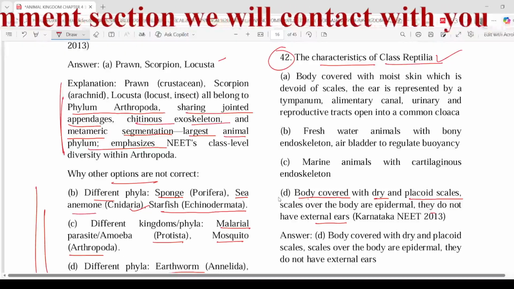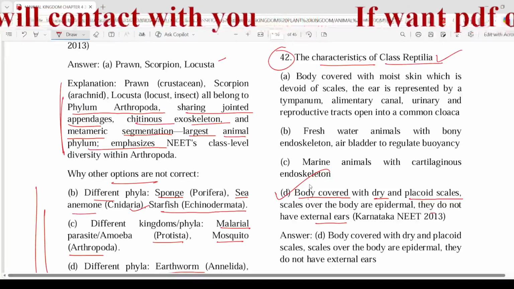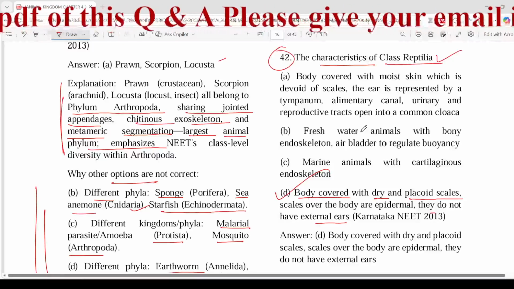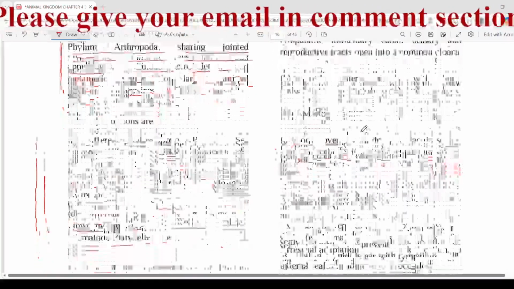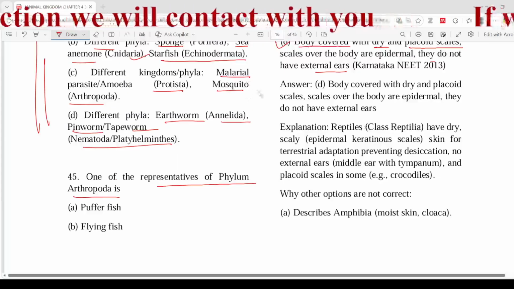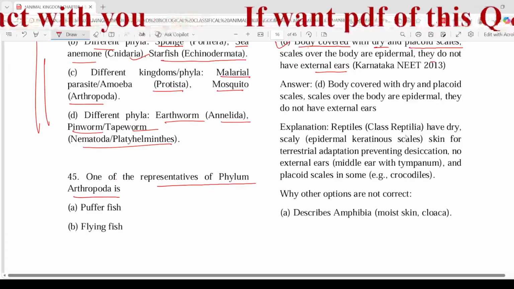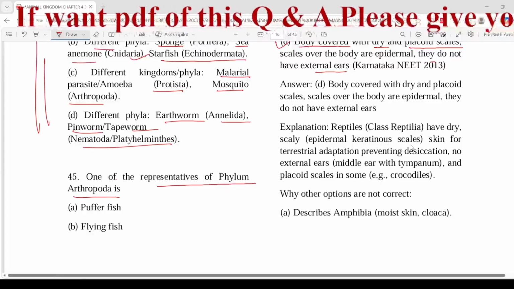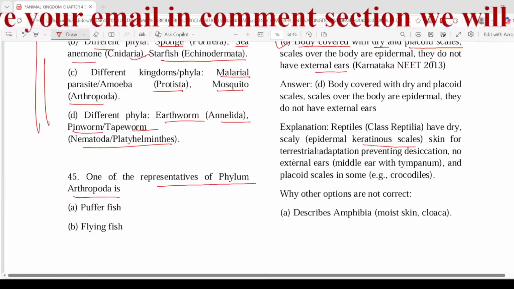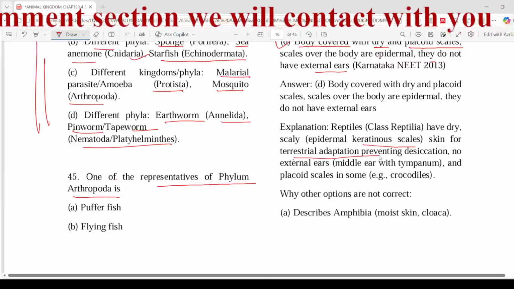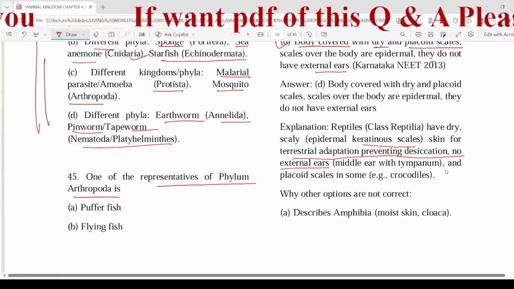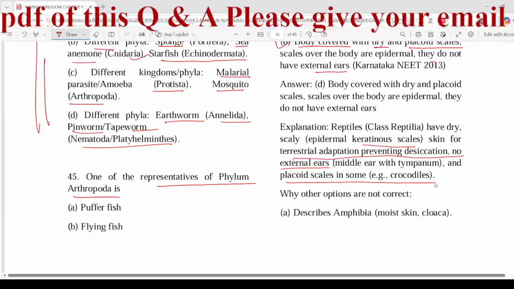So the correct answer is option D. Reptilia mainly have dry keratinous scales, skin for terrestrial adaptation, preventing desiccation, no external ears, and placoid scales in some.